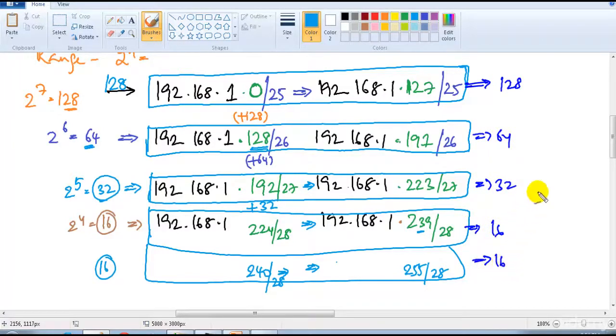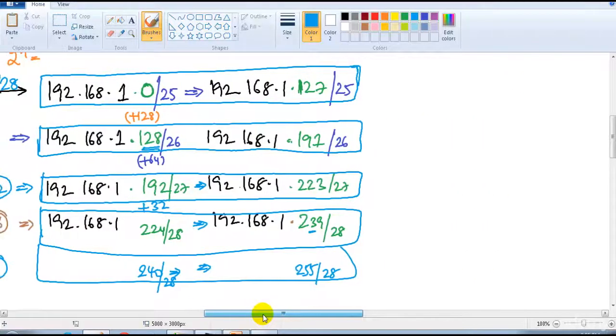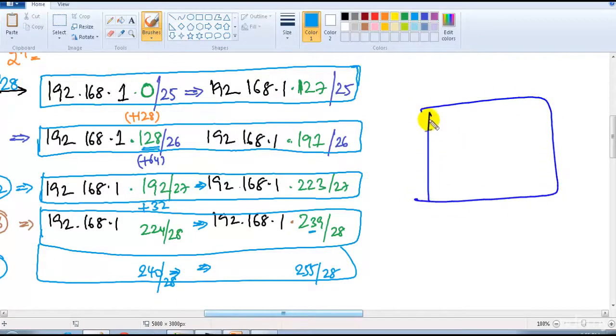it is 16. Now whatever the C class network I have used, let me draw it here, taking some space. The C class network is further divided into multiple sizes, where I divided one network with 0 to 127, which I allocated here, and then I divided 128 to 191, which is 64 addresses.